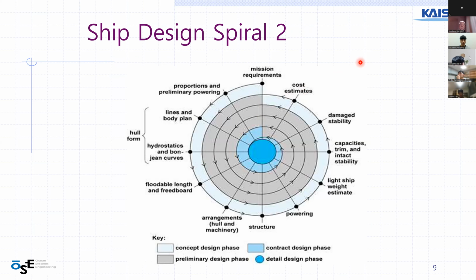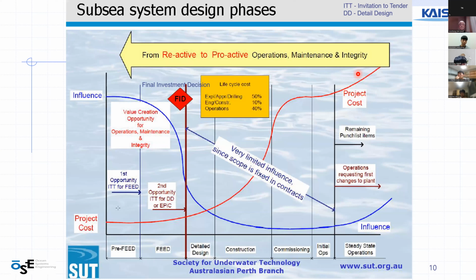This is another figure about the ship design spiral. I stress the importance of cycles. And this slide is for design stages. The horizontal axis is the stages in FEED and EPC. The vertical axis shows influence and project cost. You can see that influence tends to decrease as the procedure progresses.